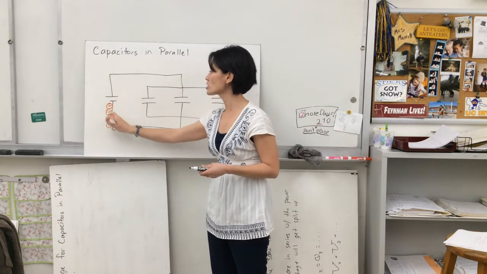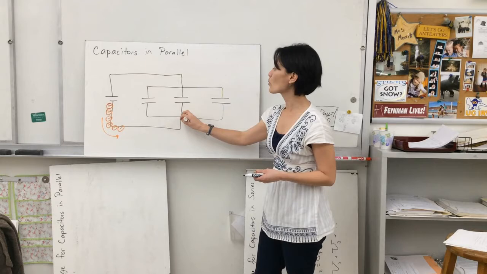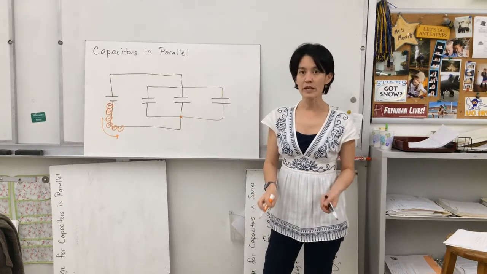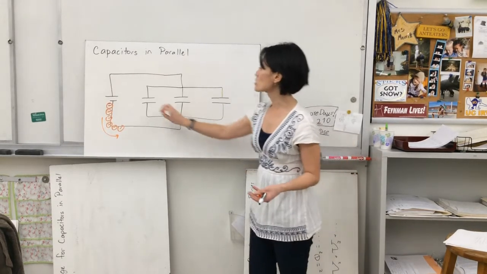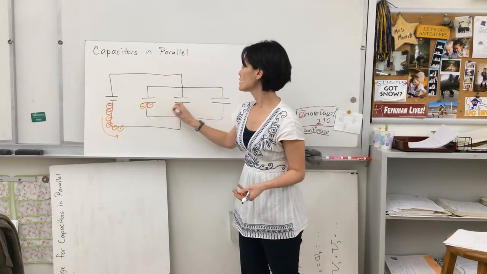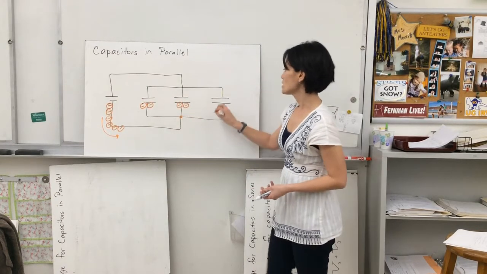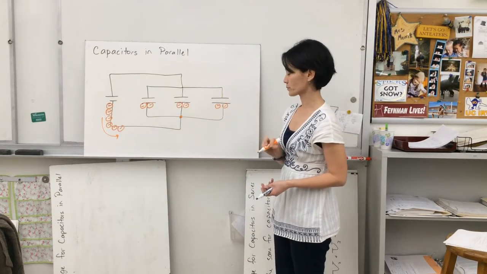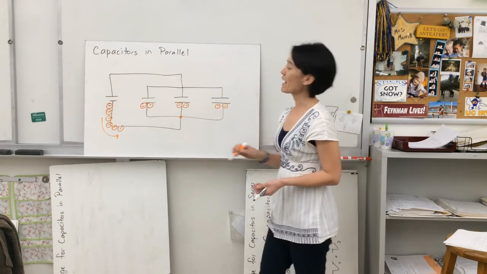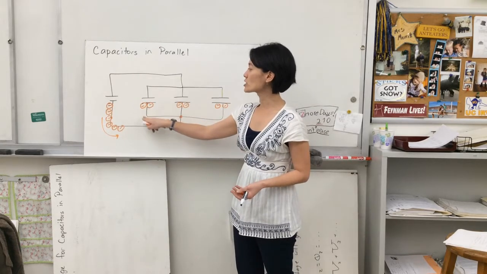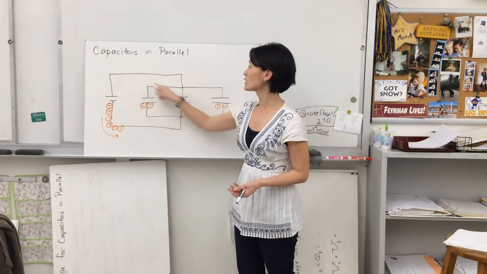So let's say I've got all these charges, they're moving along. They get to this point right here and it's a junction. And so we're going to have a split. So some charges are going to go here, some charges are going to go here, some charges are going to go here. And when that happens, when I have charges that get built up on this plate, charges are going to leave.